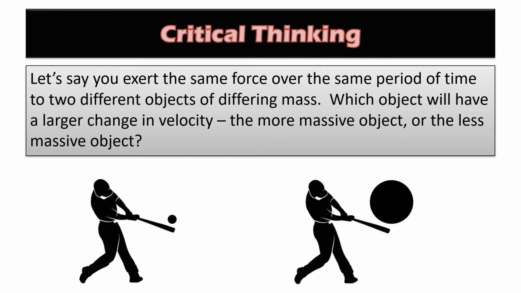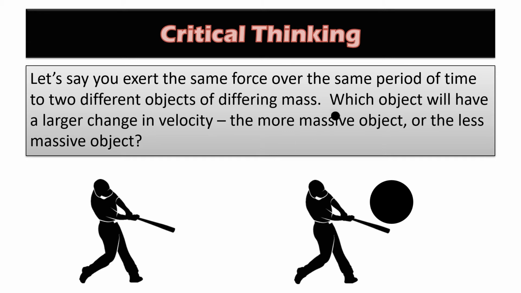Like let's say it's even bigger than a bowling ball, but much more massive. Which will have a larger change in velocity? Let's say maybe it's like a T-ball. The initial velocity is 0, and which is going to gain more velocity?